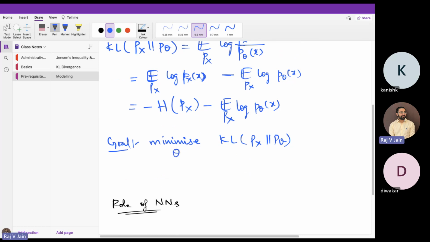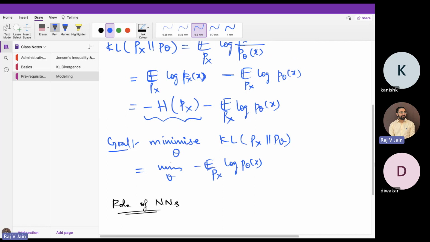Basically, keep changing theta such that p theta and px become as close as possible. You can very clearly see that this first term doesn't depend on theta at all, because it's an inherent property of the underlying data distribution.